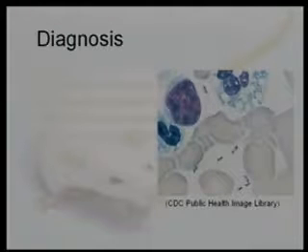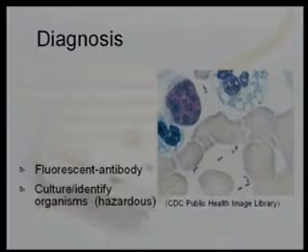If you look carefully, to me that is a very characteristic safety pin appearance. Fluorescent antibody tests use standard known anti-Yersinia pestis antibodies as reagents on the slide, and the organisms, of course, will glow with that.